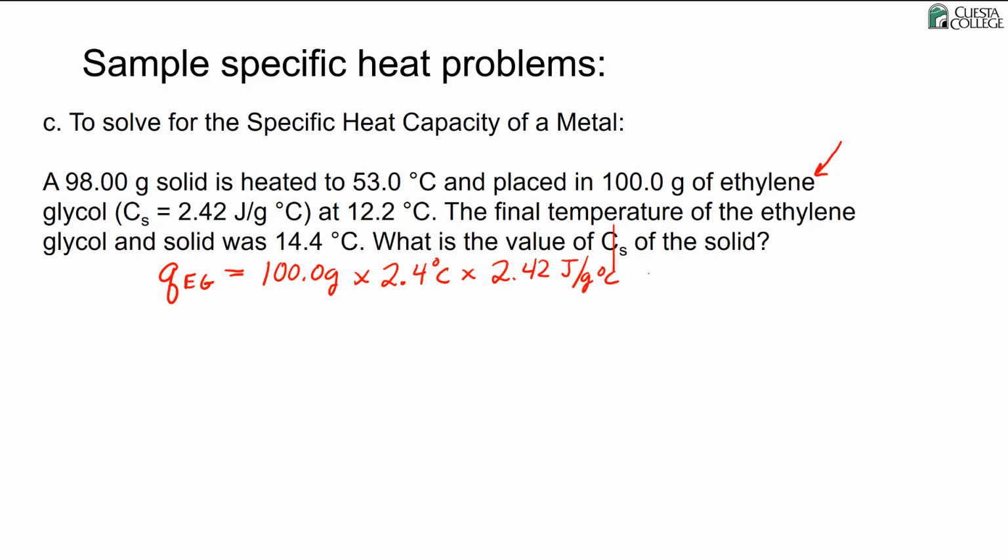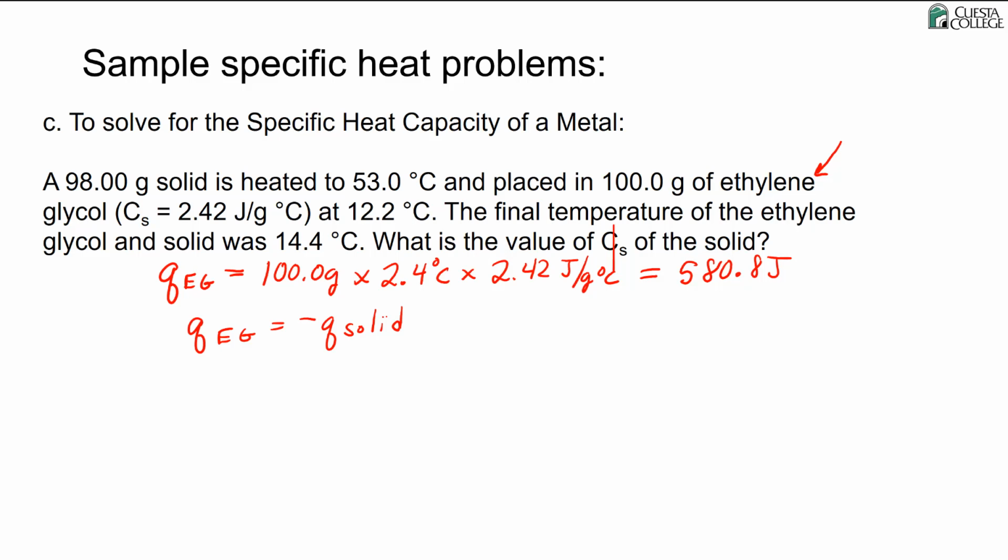That works out to be 580.8 joules. We know that the Q value for the ethylene glycol is going to be equal to the negative Q value for the solid that's being placed into it. One substance is gaining energy, one substance is releasing energy.